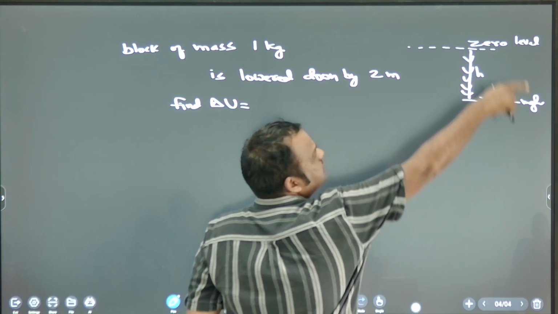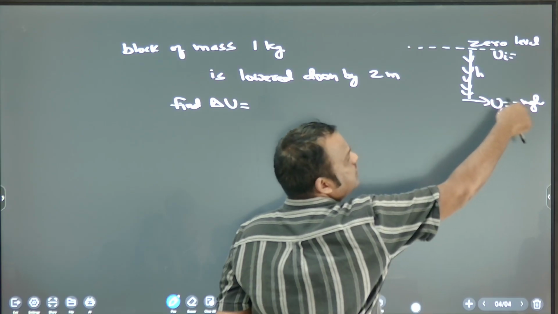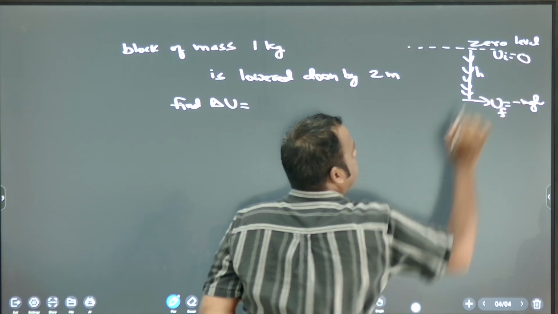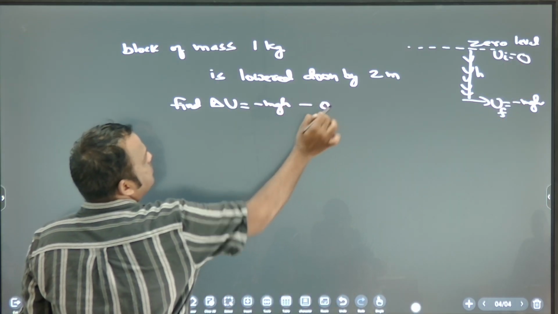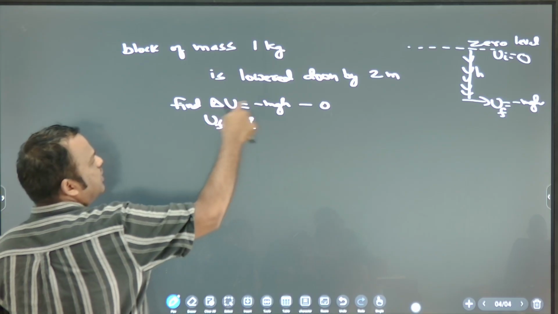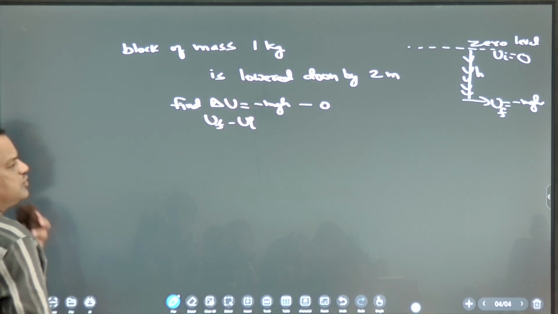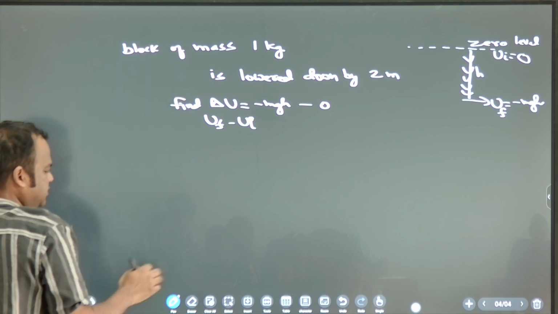Final minus initial. What is U final? Minus mgh. What is U initial? 0. So minus mgh minus 0. U final minus U initial. So what is delta U? Minus mgh. Clear?